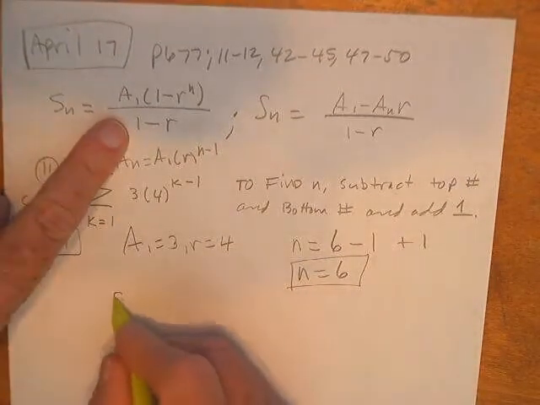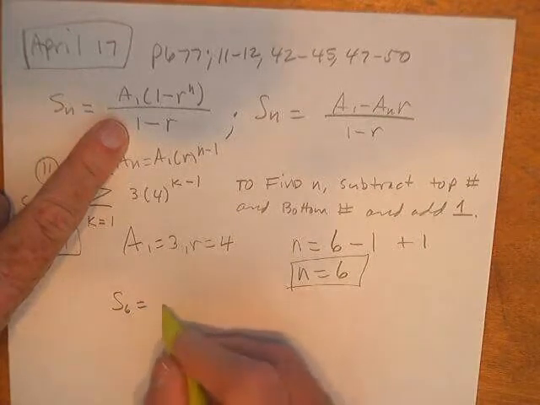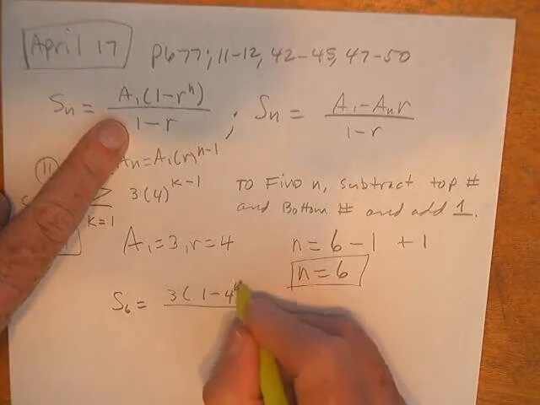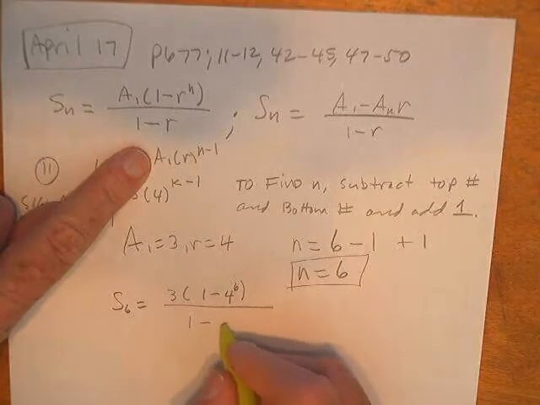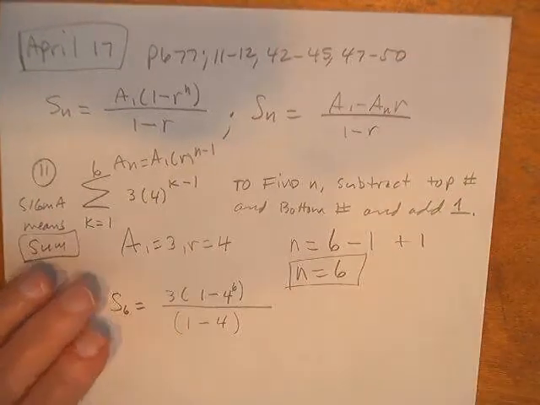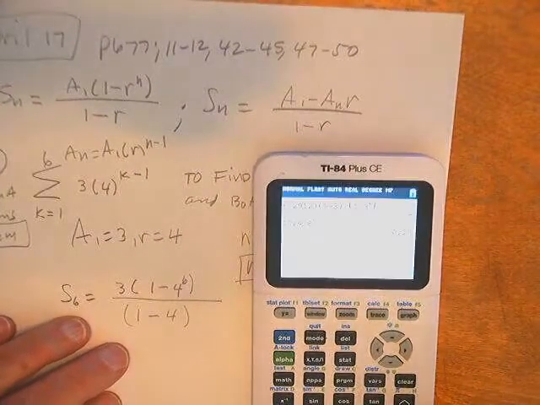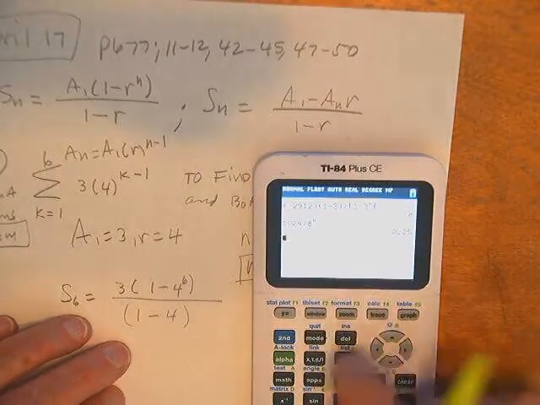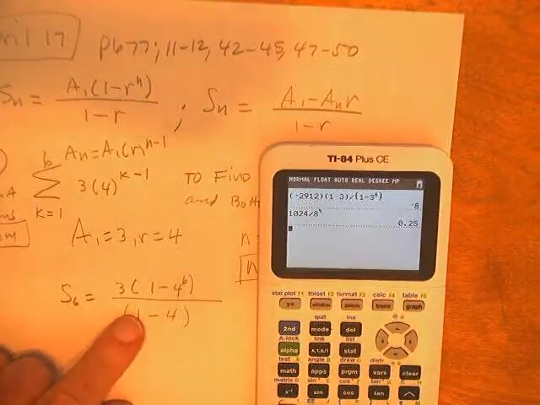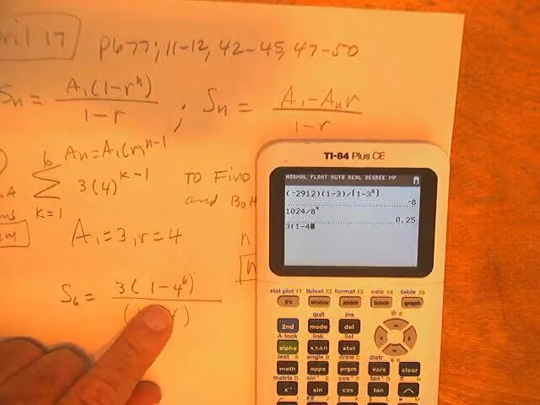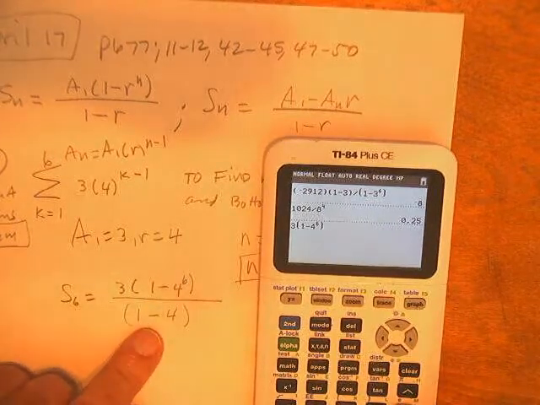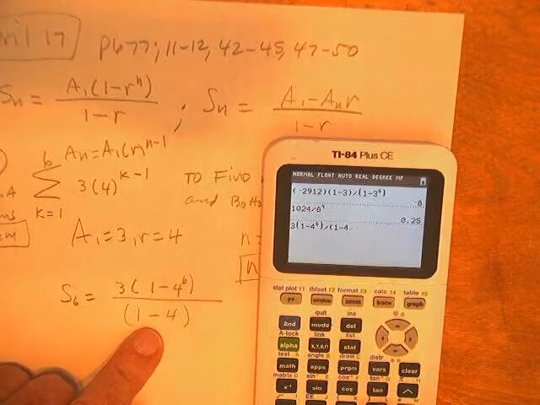And then I'm going to do that formula right there. The sum of the first 6 terms is the first term, times 1 minus R to the N power, over 1 minus R. And just so we don't get lost on anything, we've been doing this anyway. 3, 1 minus 4 up to the 6th, divided by 1 minus 4.